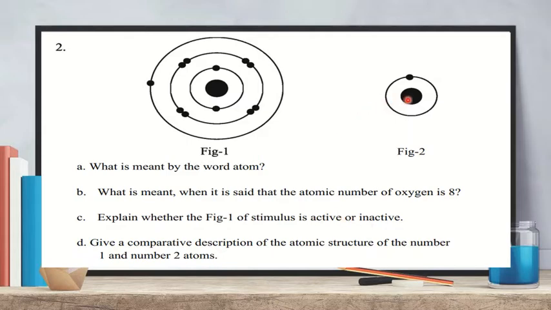But in figure 2, this is a hydrogen atom. It has only 1 electron on its first shell. You know, the maximum electron holding capacity of the first shell is 2. So if hydrogen gets 1 electron, then it will be stable. So it wants to gain 1 electron, and after gaining an electron, hydrogen will become a negatively charged ion or anion.